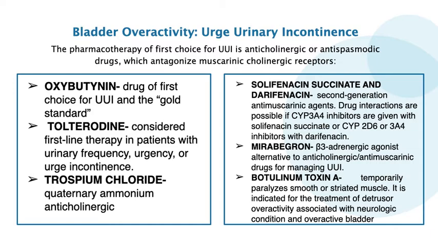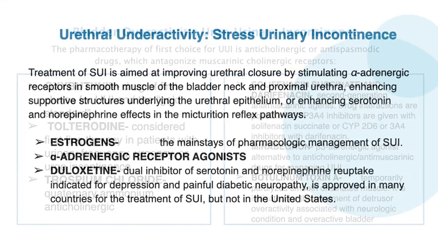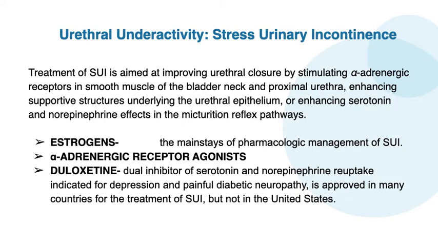We have mirabegron, which is a beta-3 adrenergic agonist. And we have botulinum toxin A, which temporarily paralyzes the smooth or striated muscles. This drug is indicated for the treatment of detrusor overactivity associated with neurologic condition and overactive bladder.